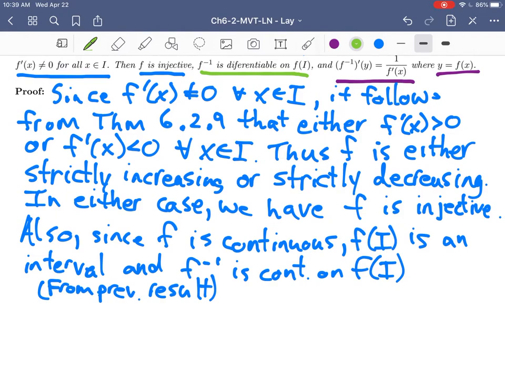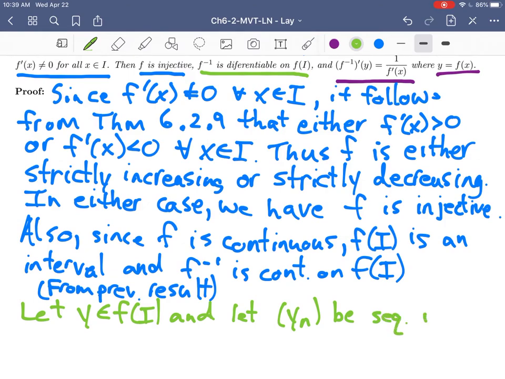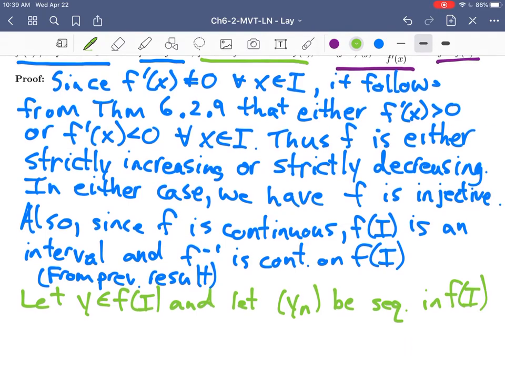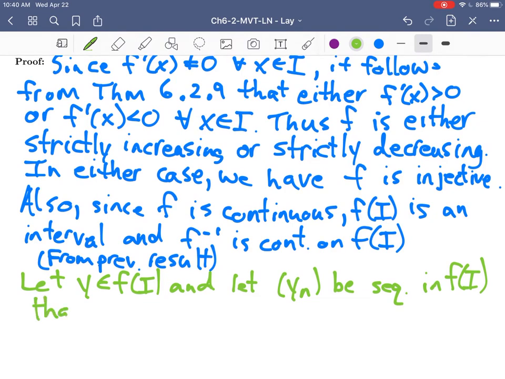So to see that f inverse is differentiable, we can let y be an element in f of I, and let the sequence y sub n be a sequence in f of I that converges to y, with y sub n not equal to y for all n.